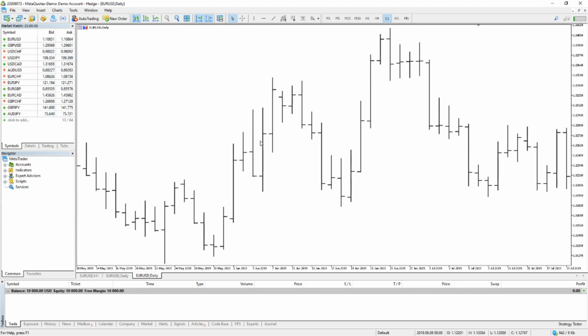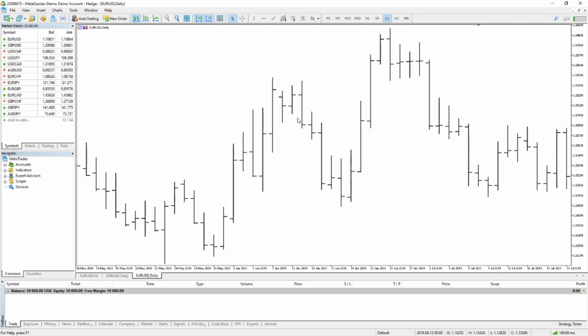In a bar chart, you see that the left line is showing the opening price, and the right line is showing the closing price. So that's opening, that's closing, that's opening, that's closing.